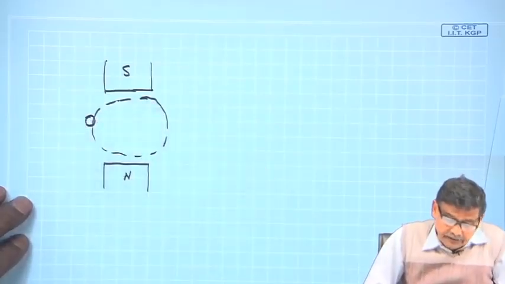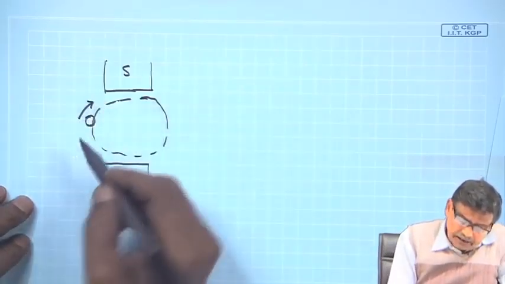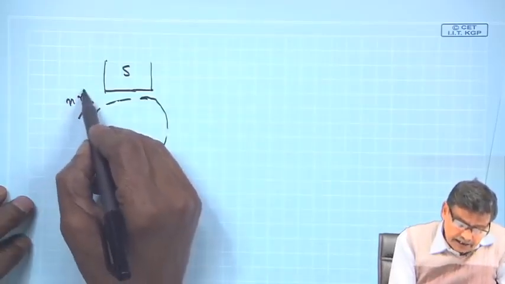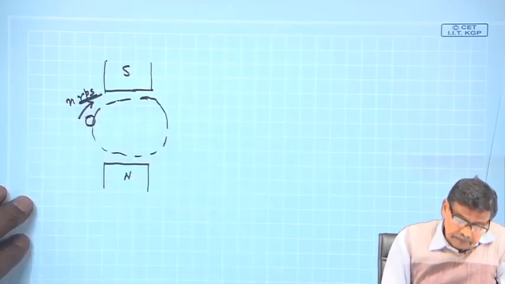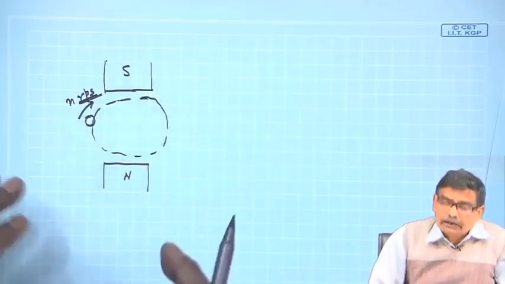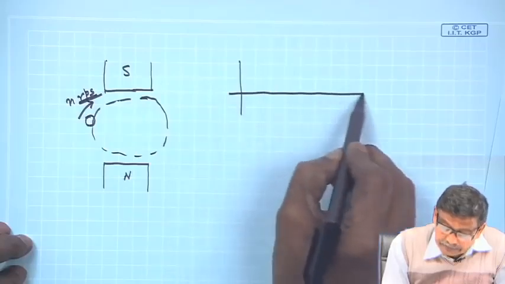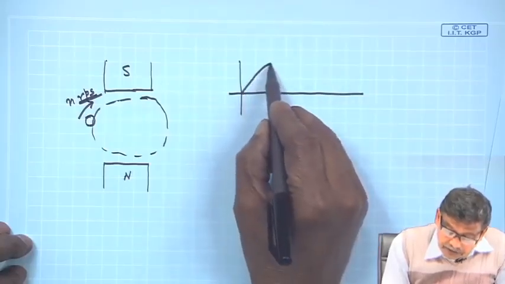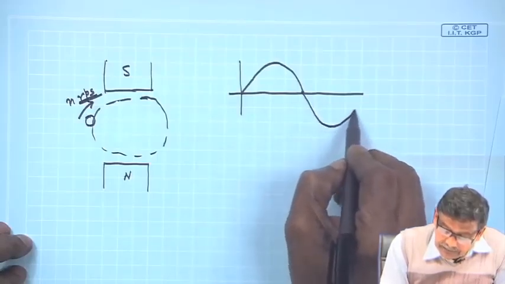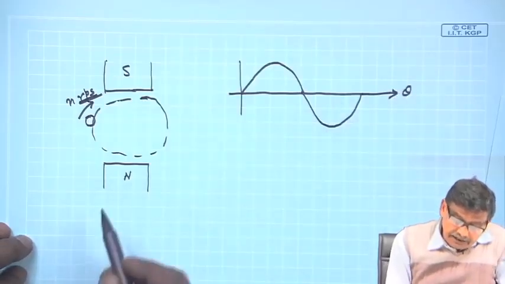Let us try to understand, and it is moving with some angular speed or velocity. Suppose it is moving with a speed n rps, and the B distribution, whatever it is. Suppose the B distribution is like this, the fundamental component of the B distribution along this angle theta, where from I am measuring the angle theta.